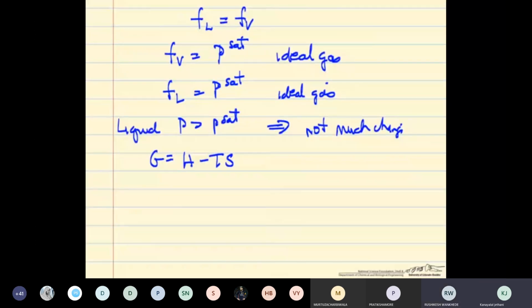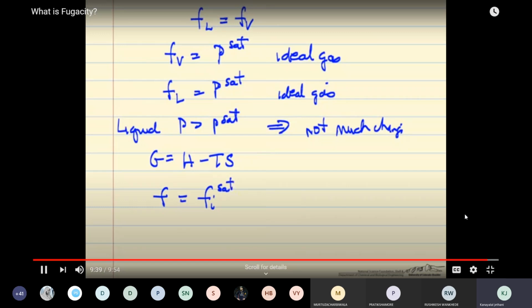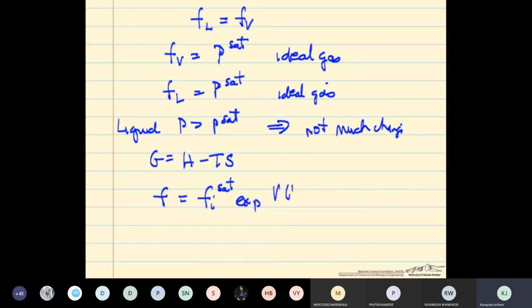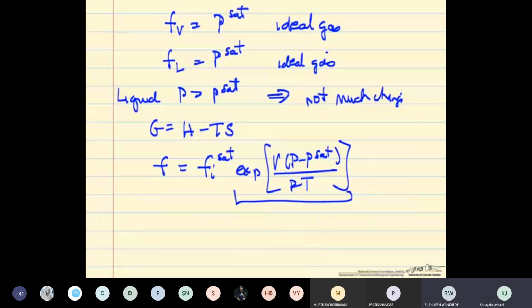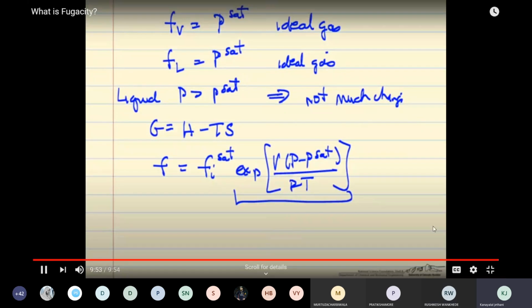In the interest of time, the fugacity would be the fugacity at saturation pressure, which is very close to the saturation pressure, times this exponential. This term is close to 1, and so it takes high pressures to change the fugacity very much for the liquid phase.